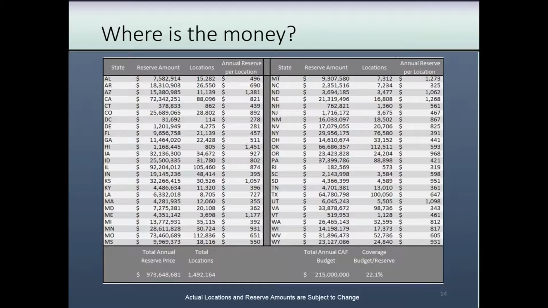Taking the CAM 4.3 model, which listed 317,000 census blocks across all of these states, we recapitulate these numbers to show how much reserve funding is available in each state.